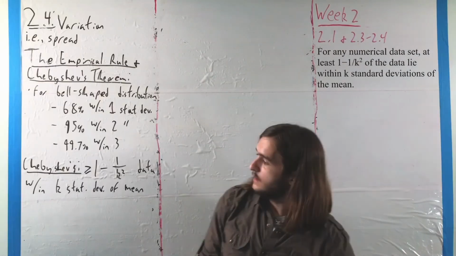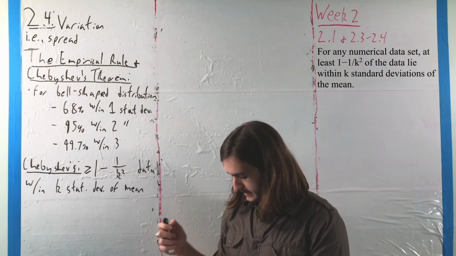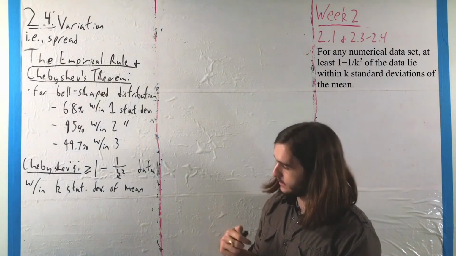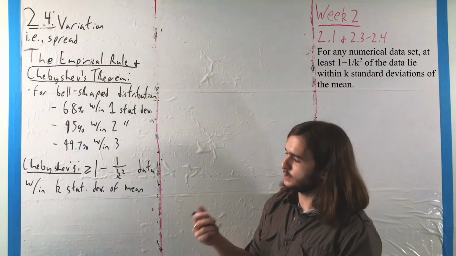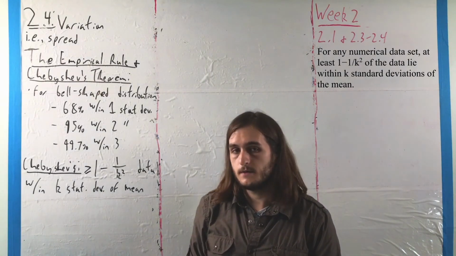develop. Meanwhile, for Chebyshev's theorem, we have that at least 1 minus 1 over k squared, the proportion of the data, is within k standard deviations of the mean.